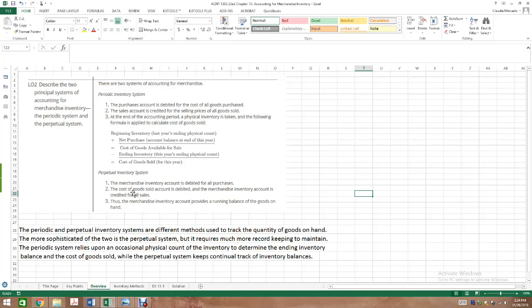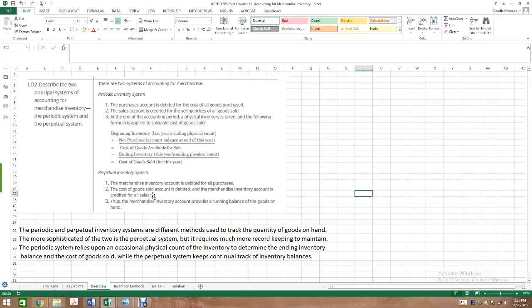The cost of goods sold account is debited, and the merchandise inventory account is credited every time we have a sale. So what happens here? Every time we have a sale, we adjust our inventory. We decrease our inventory by the amount of the goods that were sold, and we record our expense, which is our cost of goods sold.